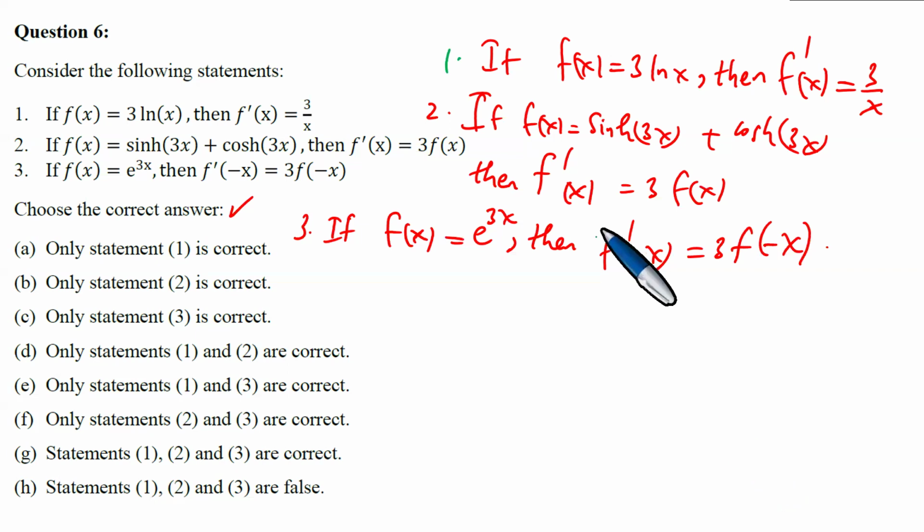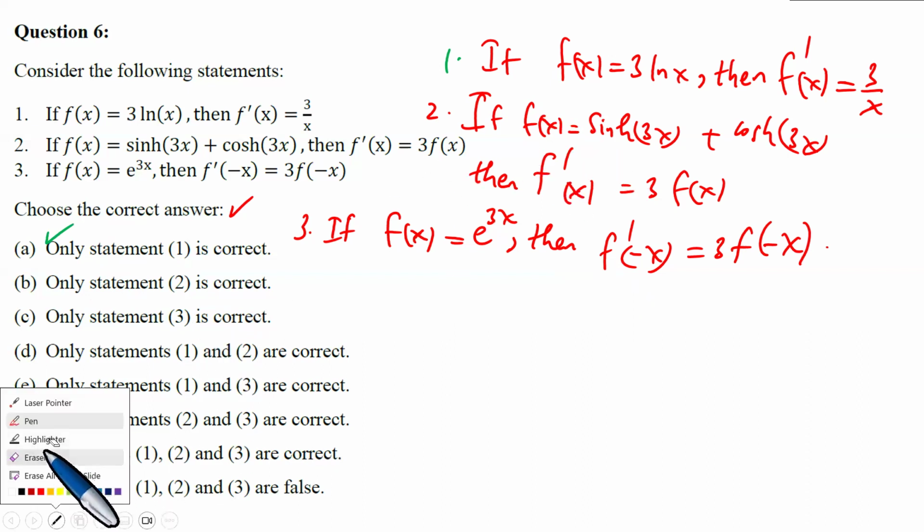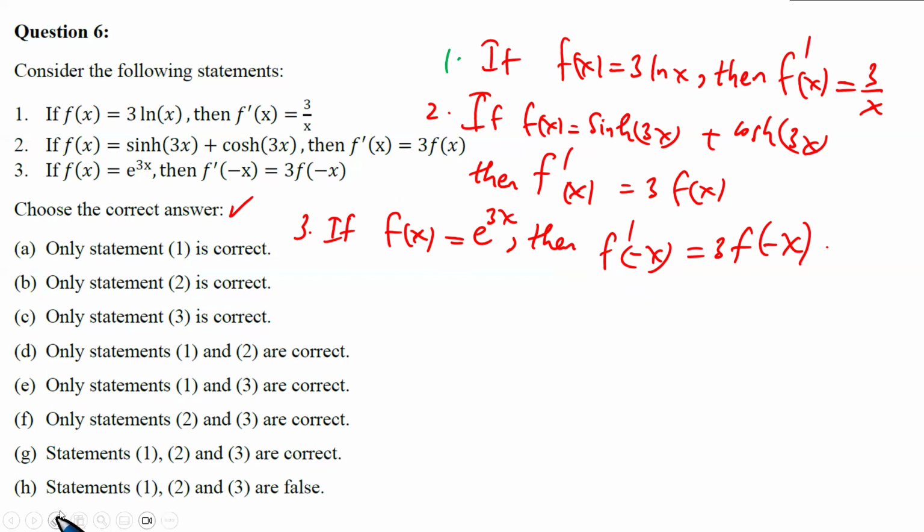Still thinking about it? Oh, you think number 1 is correct, you said. Okay, you're not really saying A is correct, but you're saying number 1 is correct. All right, that's fine.